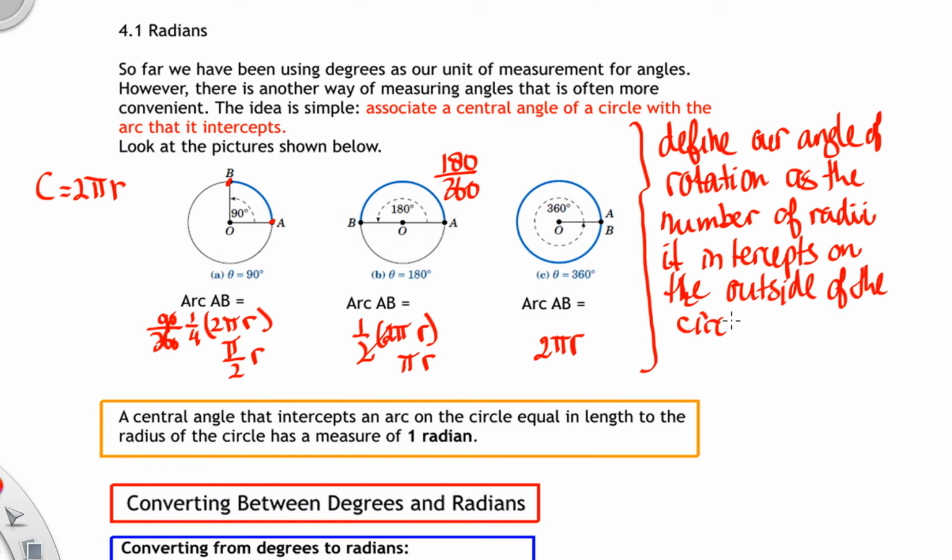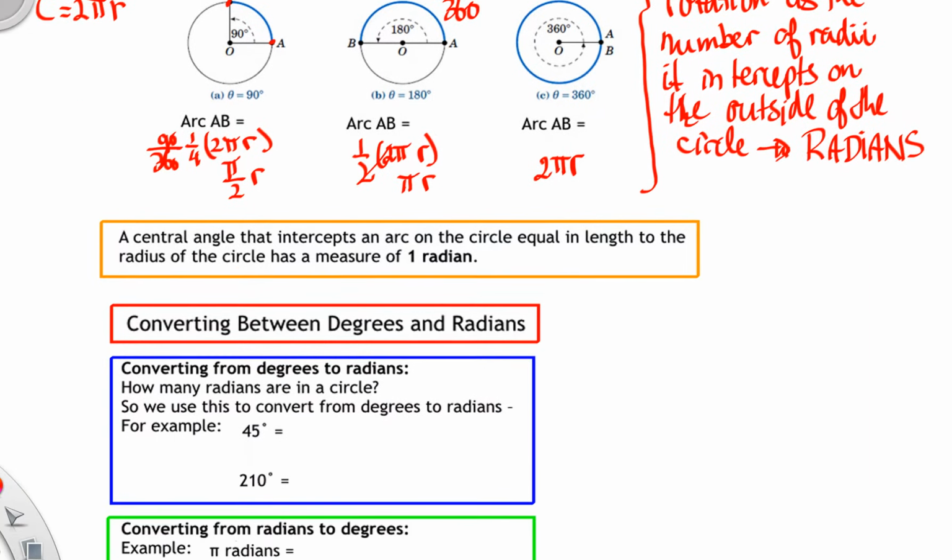And that is our definition of radians. So radians refer to the distance intercepted on the outside. So a central angle that intercepts an arc on the circle equal in length to the radius of the circle has a measure of 1 radian.